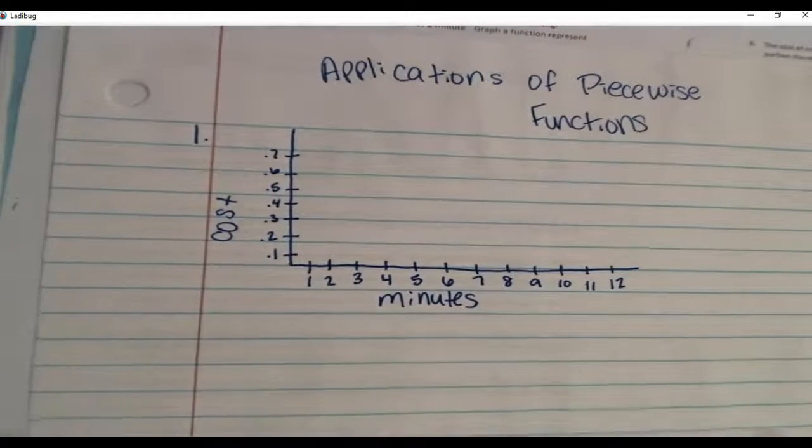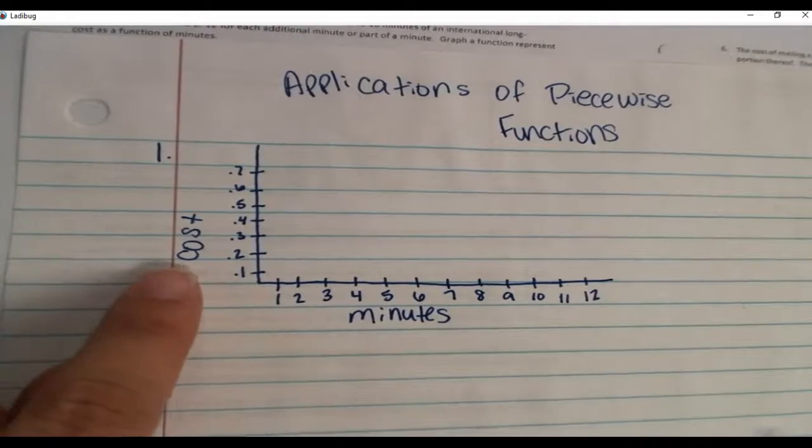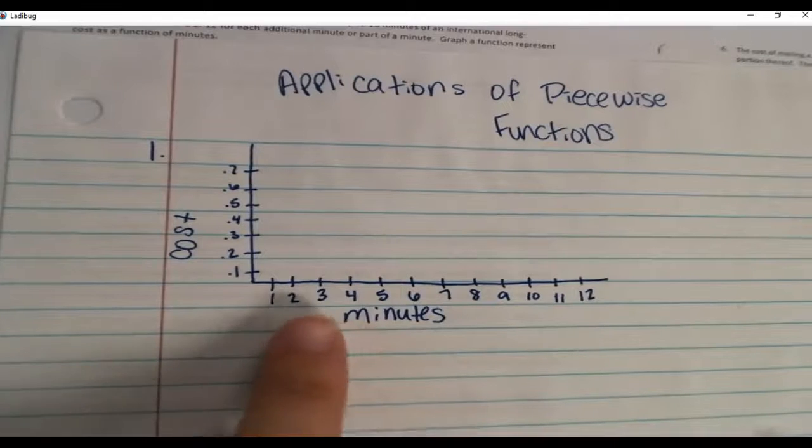Etc. Cost, yeah. Any question about setting it up? On this one, we're going up per minute. But if you're going up, like for each 50 whatevers, of course, you can make your scale whatever you need it to be.